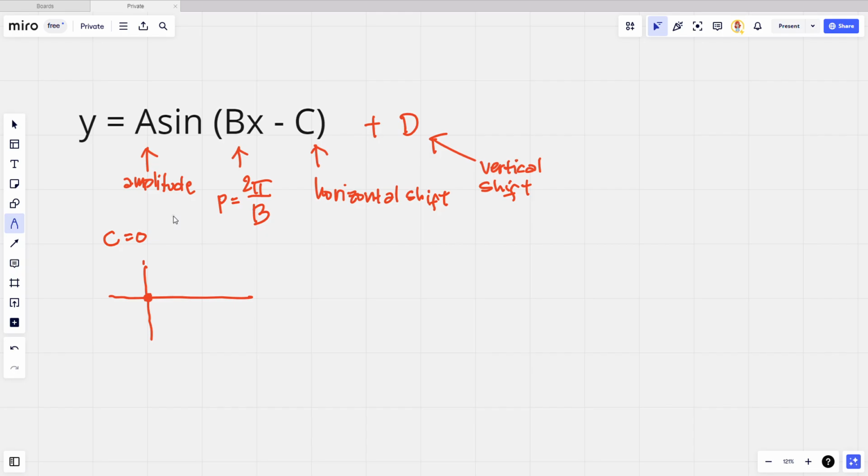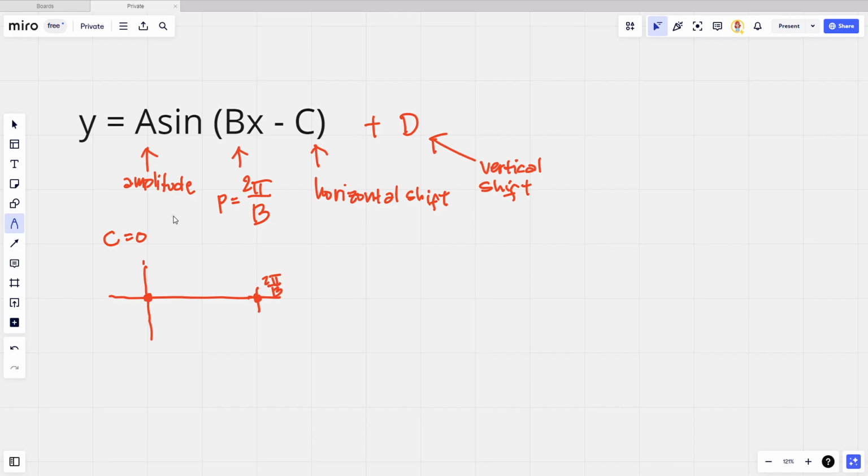And then our period indicates a full cycle of our graph. So let's say it ends right here at 2 pi over b. So this is the period and indicates our full cycle. So this is where our full cycle of this graph ends.